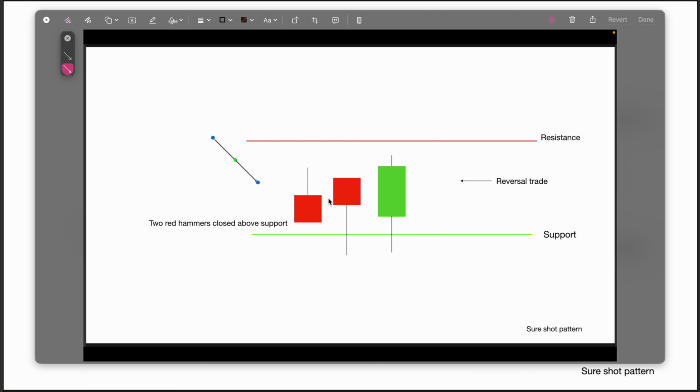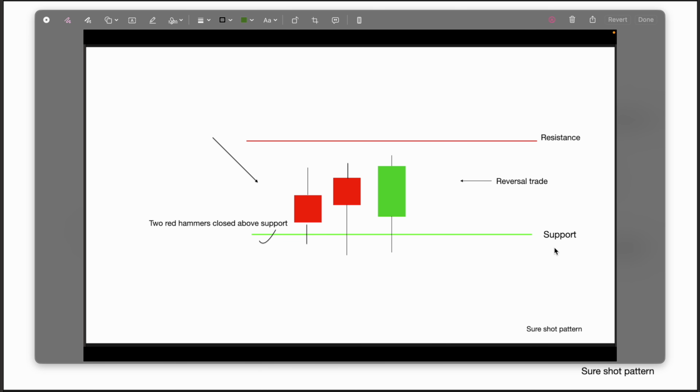Okay, this is the logic. When the market is going down and at the end of the market there is a strong support which you have drawn in the chart, and then you spot two hammers which have wicks twice the size of the body, and both of the hammers closed above our support area. Okay, the color needs to be red.